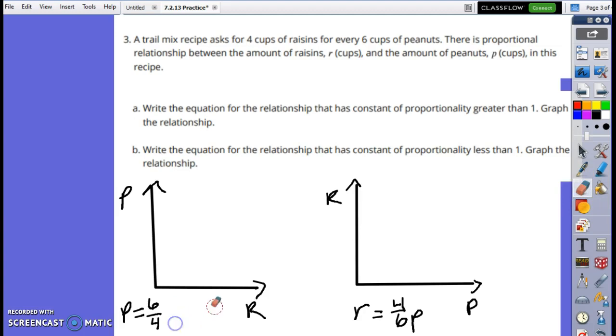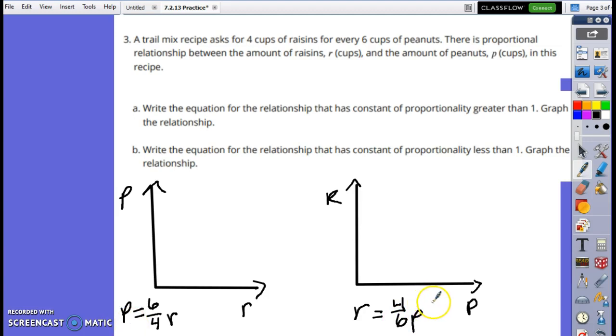And we'll go ahead here and write the raisins there, right? Which means here, when raisins was 1, peanuts was 6/4.